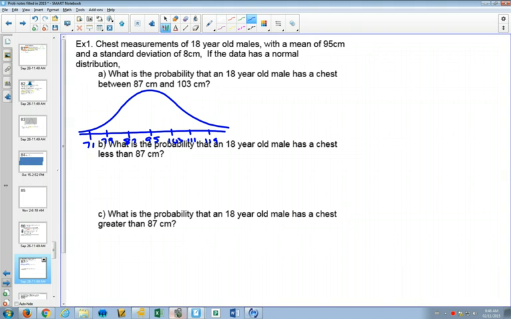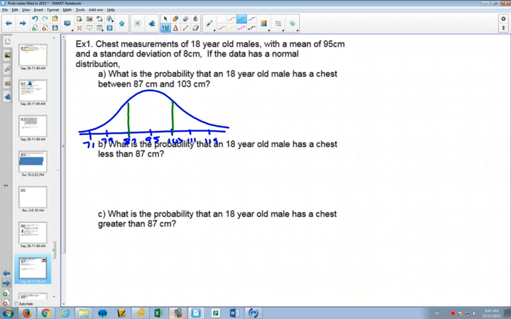And now we want to find what are the chances that someone was between 87, right there, and 103. Now from the 68, 95, 99.7 rule, you should be able to say, I have an estimate for this. This should be around 68%.